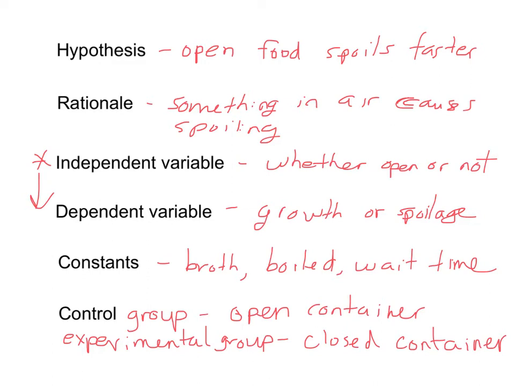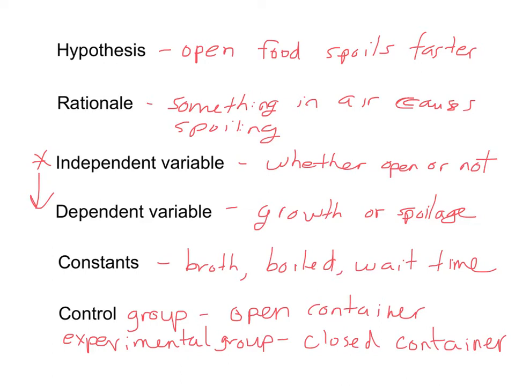If we do it 10 times, and 8 out of 10 times we see that the open container is the one that grows bacteria faster, that's going to be a pattern that we can trust and rely on. That's fairly precise data. However, if we do it 10 times and 5 times we get growth and 5 times we don't in our open container, that's more confusing and unsure and not precise enough for us to draw a conclusion.